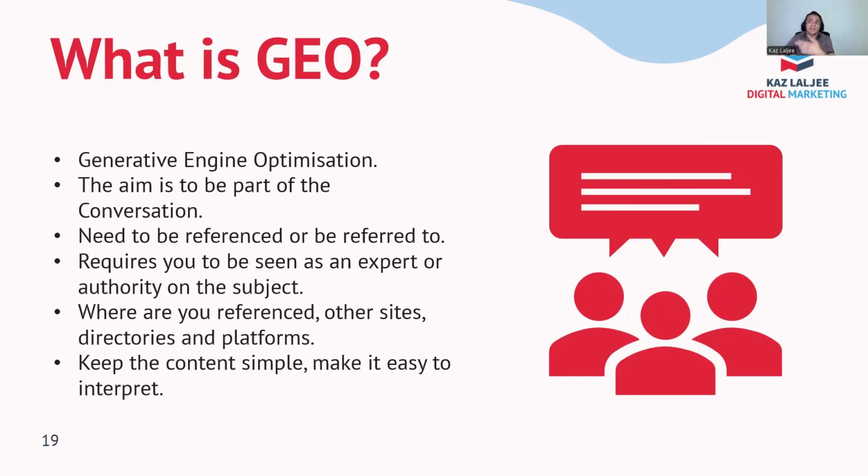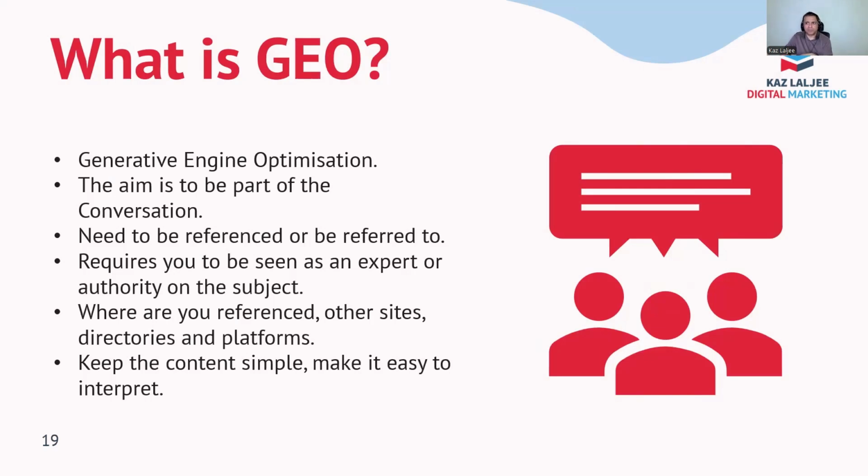So basically, it's finding out how you could be part of the sources. There is a need to be referenced and referred to. You want to make sure that other people have mentioned you.